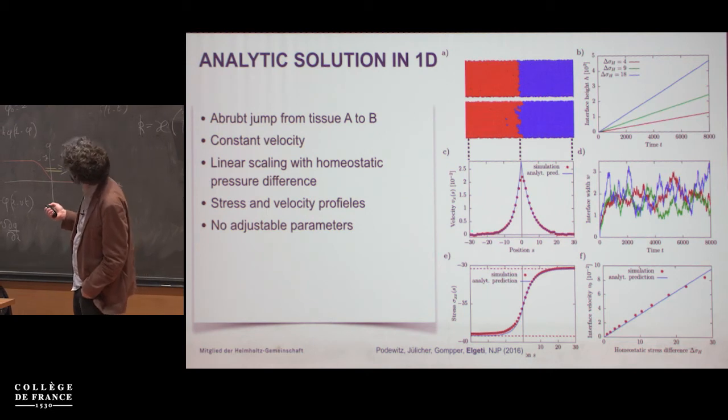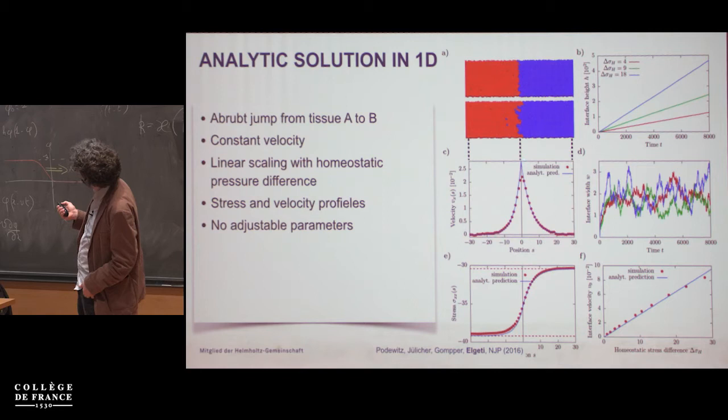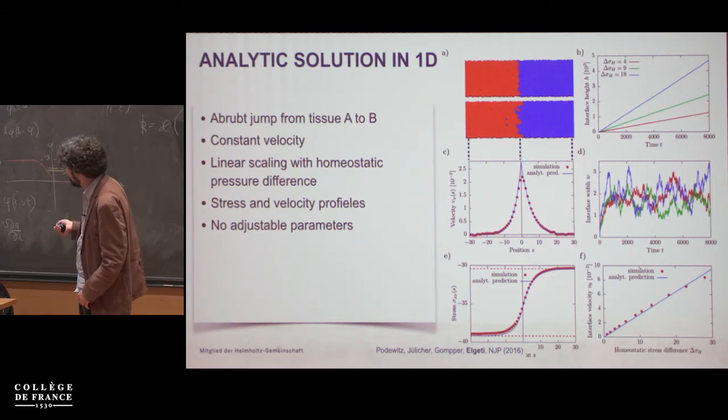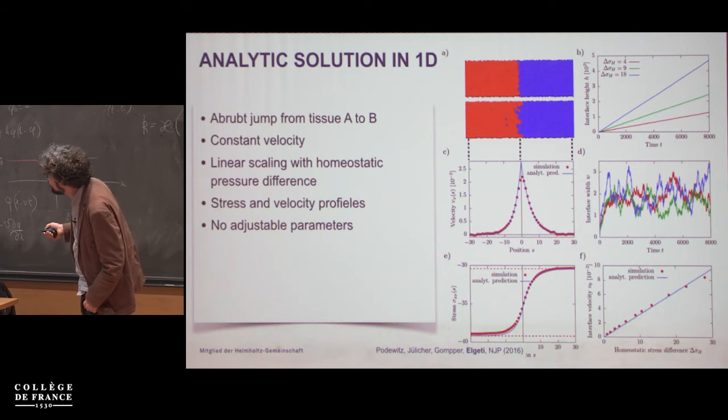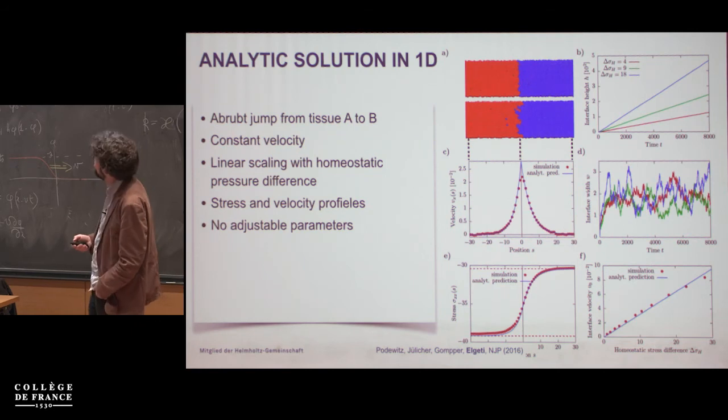So here's, for example, the velocity at the interface relative to the position away from the interface. And you see that cells at the interface are moving at a finite steady-state velocity. That's this V0 that we got somewhere here, right? Except not by the diffusion, but by the mechanics coming from here.